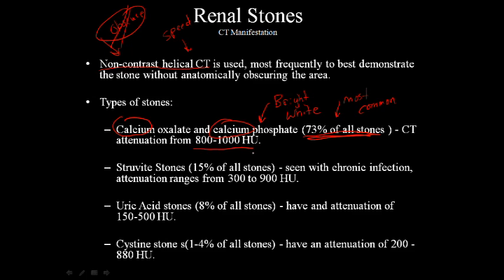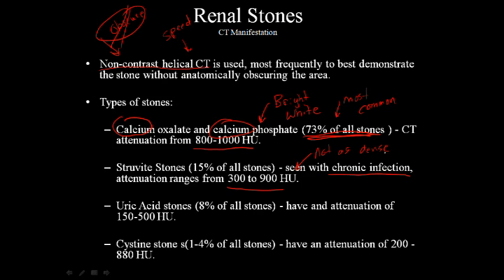Also, we have struvite stones, which are 15% of all stones, and they're seen with chronic infection. And so typically they're the result of chronic infection. And notice that they can range from 300 to 900 Hounsfield units. So pretty much they're not as dense. That's something to keep in mind as well.